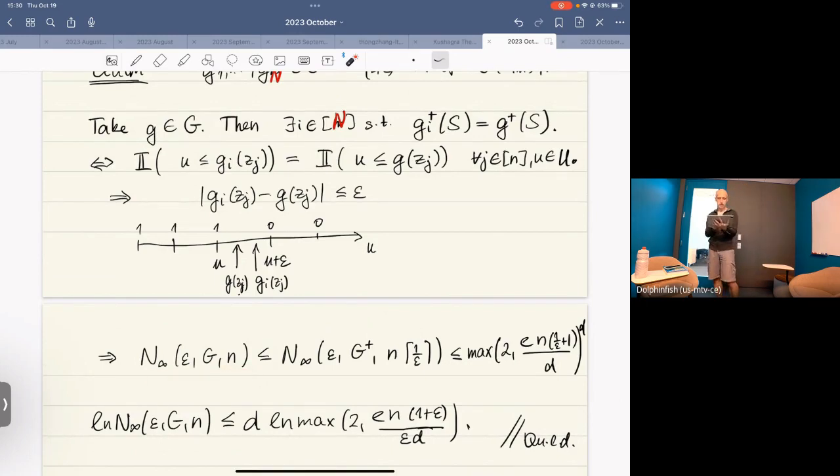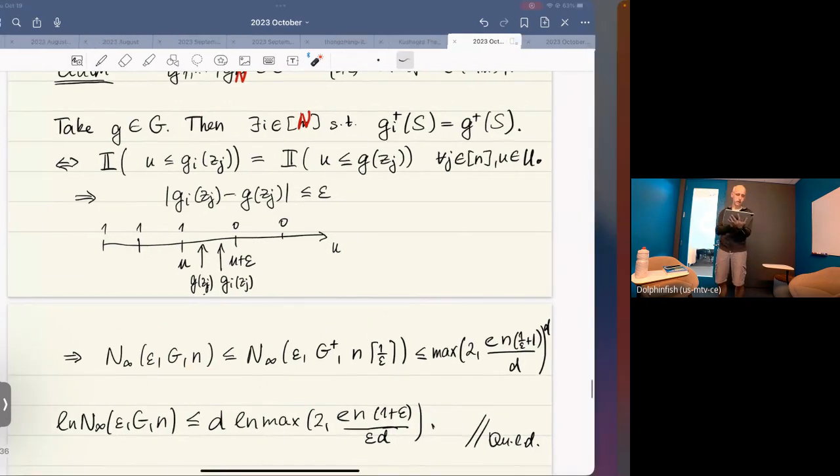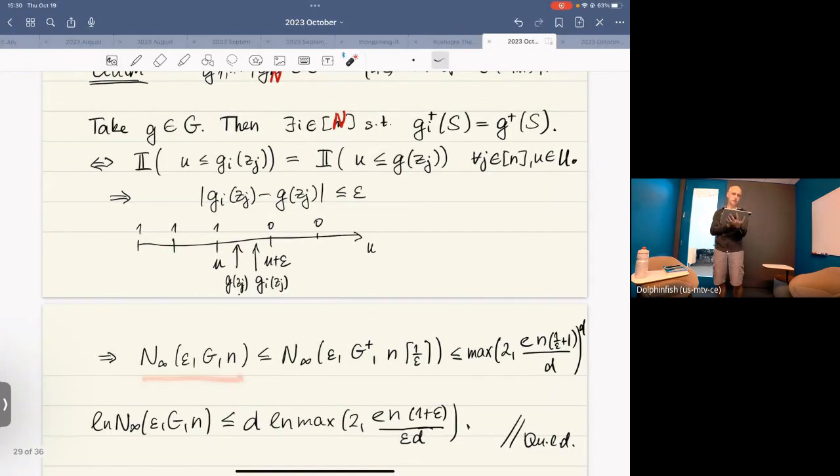Okay, then we see that the covering number for G must be less than the covering number that we get for G plus. And here, the number of elements on the grid is at most n times 1 over epsilon rounded up. Okay? And now you use Sauer's lemma, and then you get this inequality, and then you can take the log, and then that gives you the result.